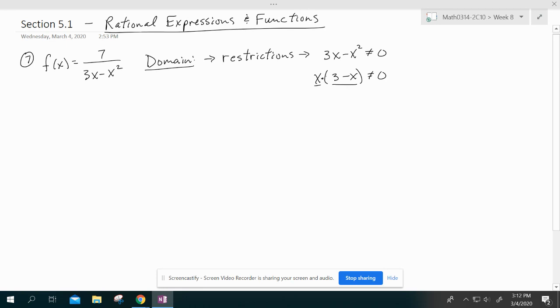And now those are multiplied, so now I've got 2 factors. Can I now set each factor equal to 0? So we're going to say x equal to 0, which really means x cannot be 0. 3 minus x, moving the x over, says x cannot be 3.